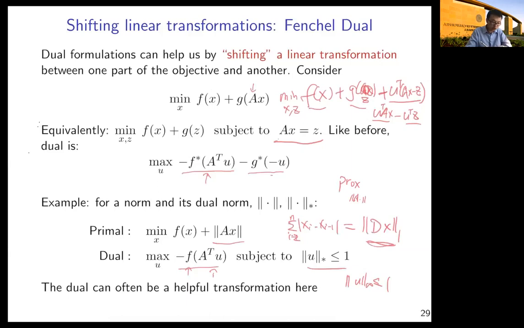But once you do this transformation, as long as f is smooth and differentiable, then you can do the proximal gradient descent or the projected gradient descent on the dual, and then projection onto the L infinity norm ball is trivial. It simply involves clipping every coordinate such that every coordinate is smaller than 1. Okay.